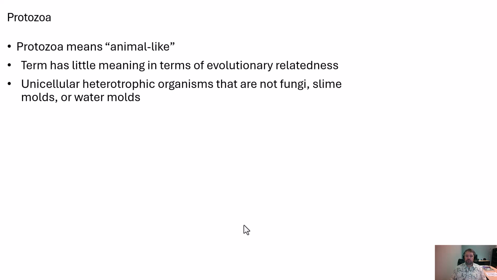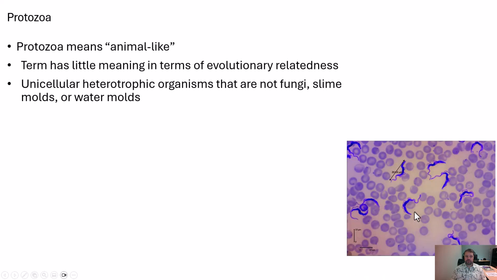So normally when we label something protozoa, we're talking about heterotrophic organisms, although not all the time, and they're not fungi, and that's normally how we label something as a protozoan.